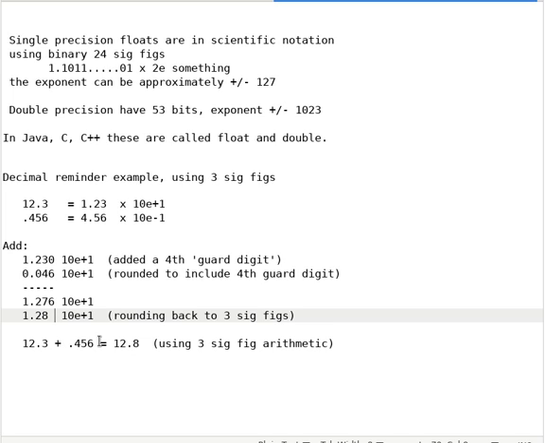And the same thing is going to happen in binary. And the lesson is that I'm going to end up losing stuff off the end, right? Basically, it treated the 0.456 as 0.5 because this 4.56 was down here in the last significant figure of the top number. So basically, I added 1.23 plus 0.5 and got 1.28, and I lost some digits from the intermediate part of the computation.